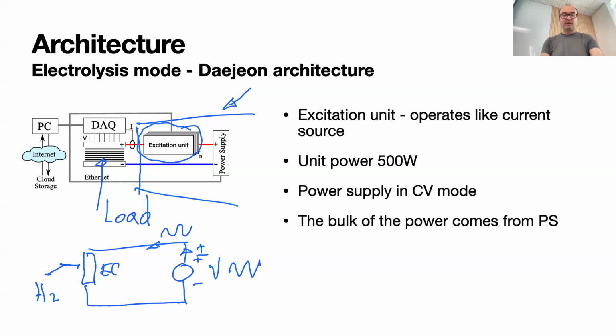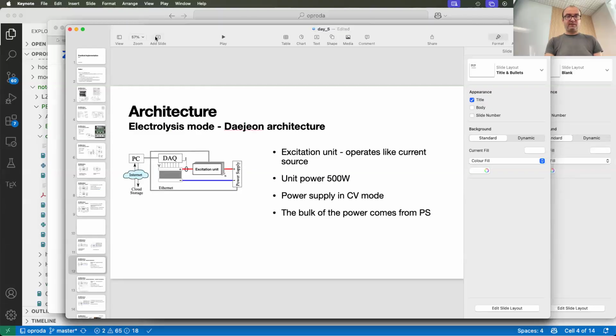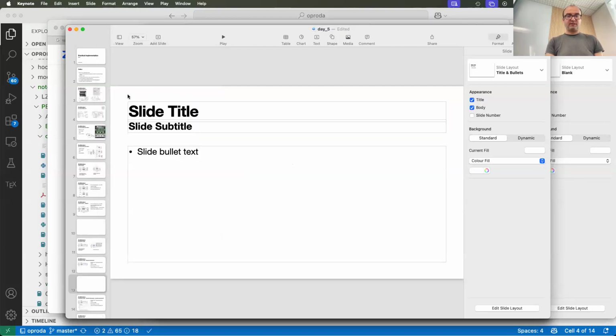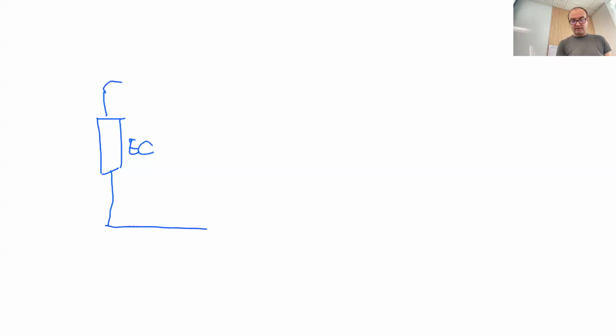So let me draw an electrical figure, a little bit more detailed, so that I can scribble a little bit more. So we have on this side our electrolyzer. I draw it as a resistor, as a load. So this is the EC unit. And this is a current source. This is our excitation unit.